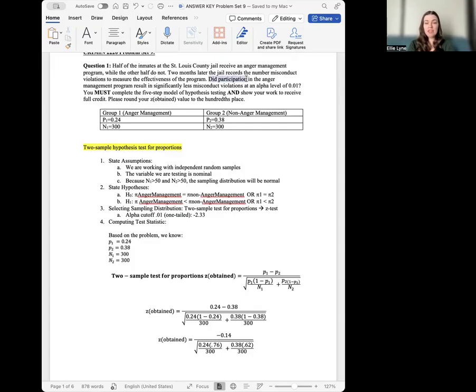Did participation in the anger management program result in significantly less misconduct violations at an alpha level of 0.01? This is where you need to make sure that your research hypothesis symbol matches what the question is actually asking you to answer. And so we have our less than symbol here, and those two have to connect.